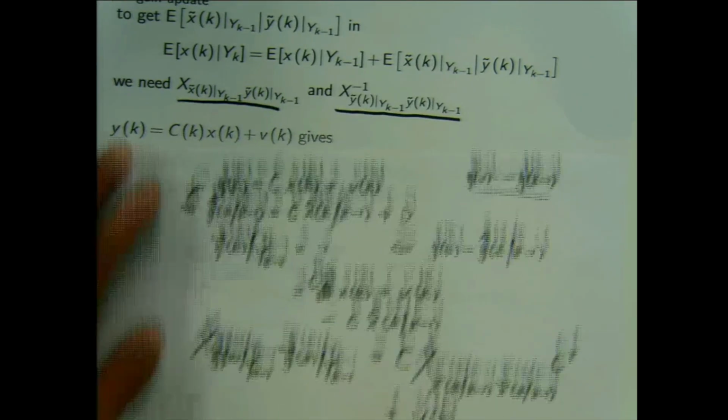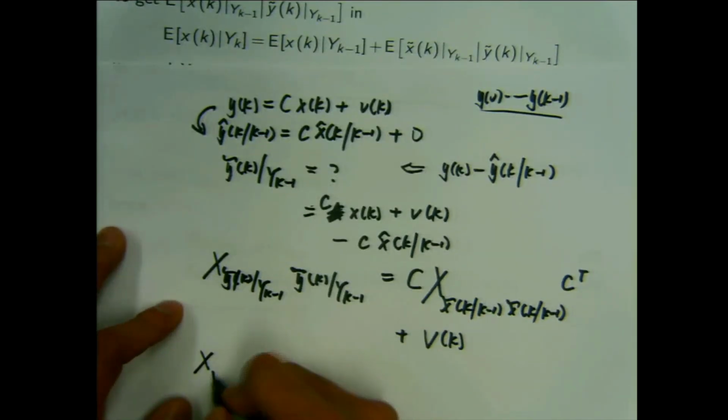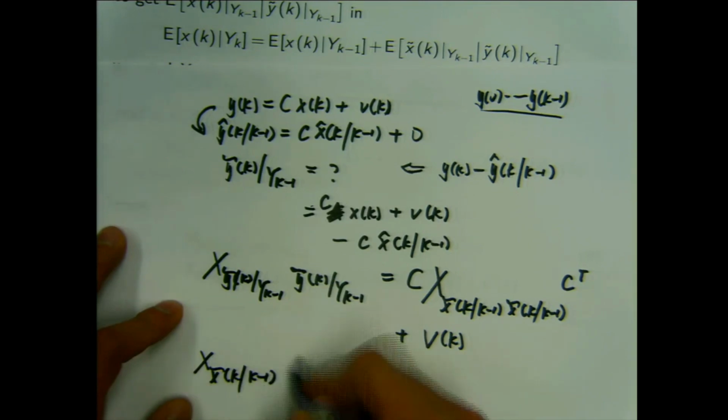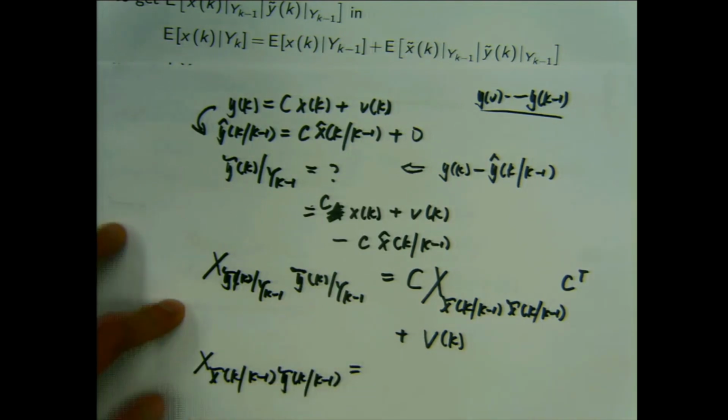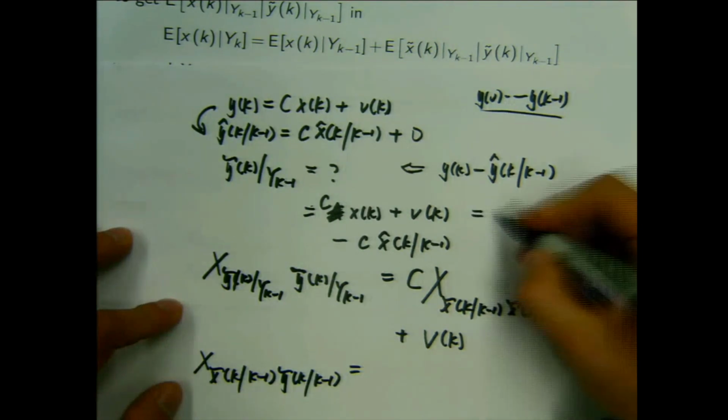Everyone sees this? If you see this, then let's do one more exercise to get you familiar with the properties. What is the cross covariance between x tilde and y tilde? Let me give you a little more hint.